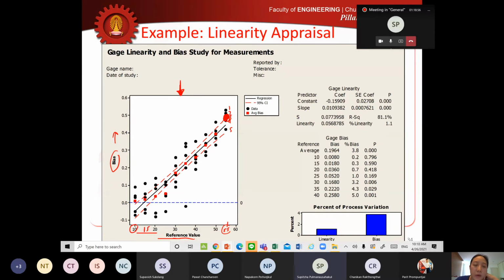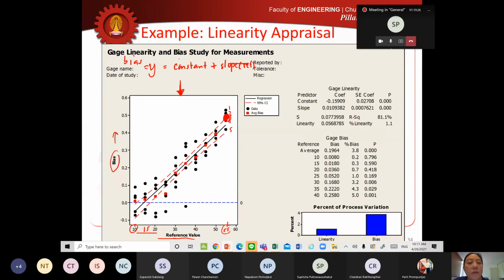Yes, very good. The next point is that if we want to find out this relationship or quantify it as an equation, this equation will take this form: Y equals a constant plus a slope times the reference value, and Y in this case is the bias.